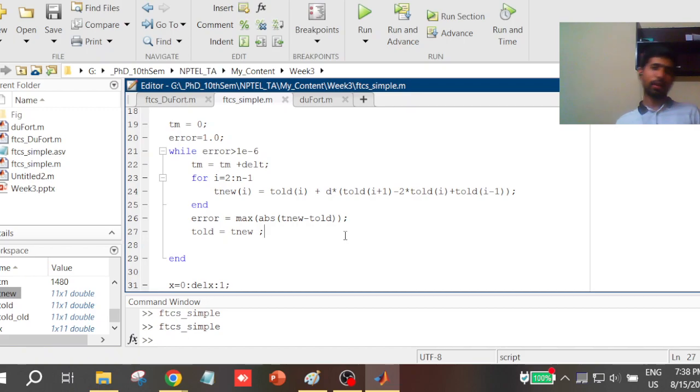You will not get the correct answer, so you have to write the codes. In COMSOL they have also given the option to write some codes. So this is the importance of writing codes for CFD, and if you want to go deep, this is the starting point, I would say.